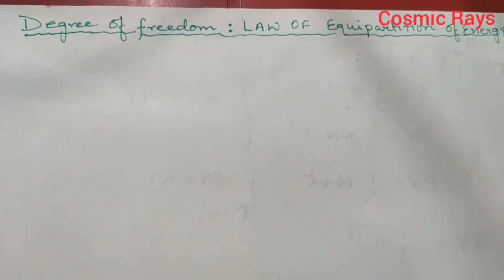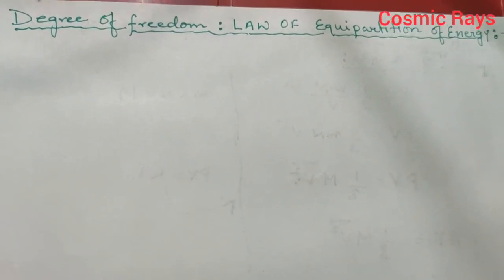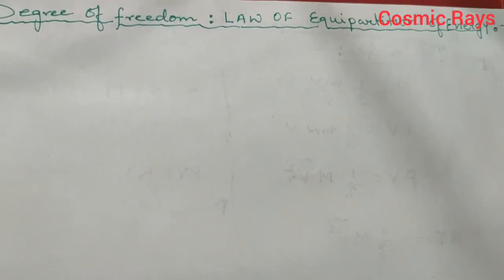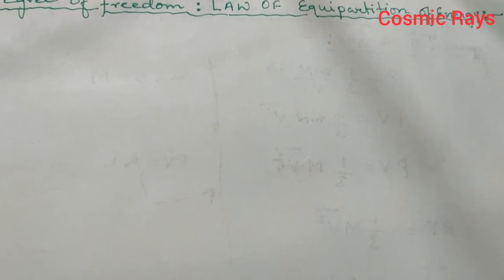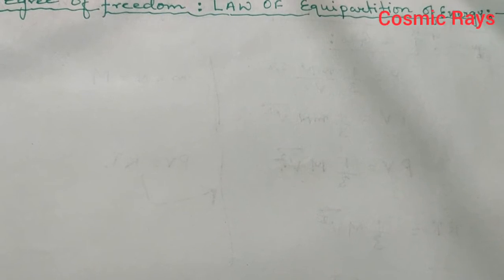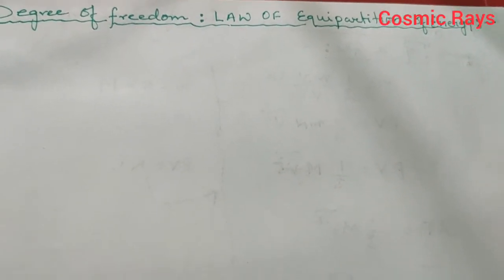Now we come to degree of freedom and law of equipartition of energy. Degree of freedom basically indicates the number of independent motions that a particle can have, or the number of independent methods of exchanging energy.